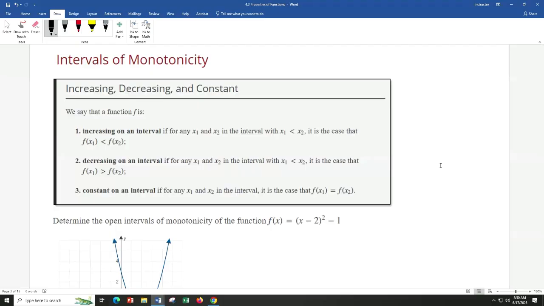And you're going to decide if between a certain interval, is it increasing or is it decreasing or is it constant? I'm going to read what this says very carefully here for you, and then I'm going to give you some little hints on how to do it, because some of your Hawks homework gets a little bit confusing, so I kind of want to clear a little bit of that up.